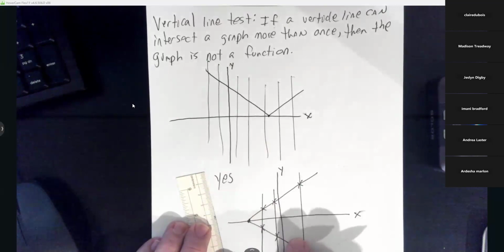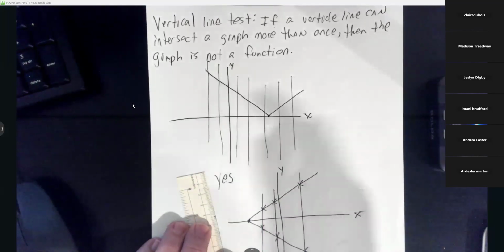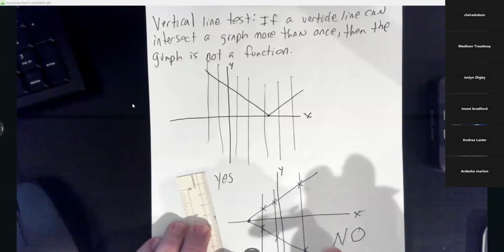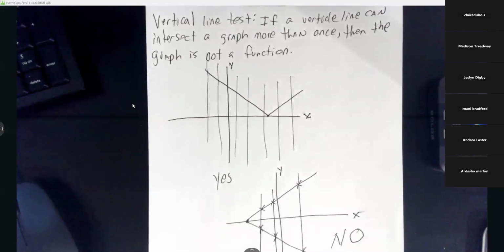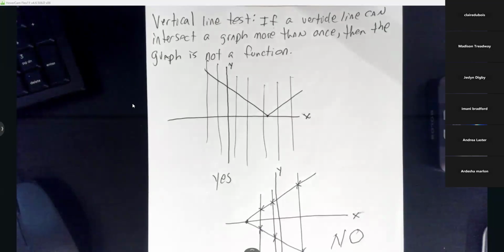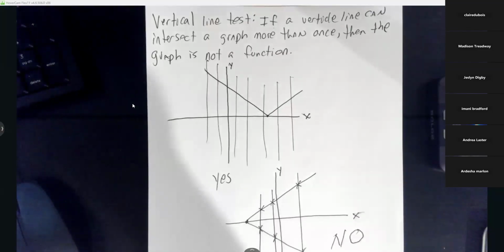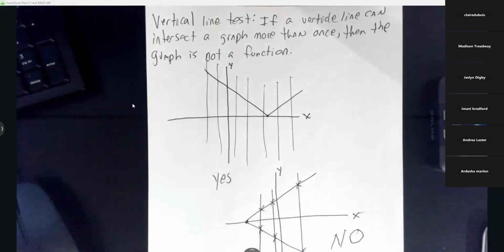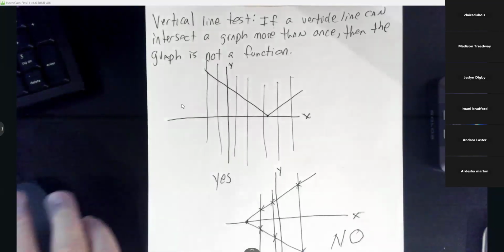Since these vertical lines are intersecting this graph more than one time, this would be a no on that. So y'all, I'm going to show y'all pictures and let y'all determine whether these things are a function or not. Okay? And all you got to do is run you a vertical line.